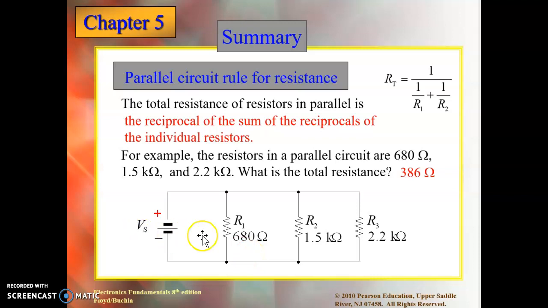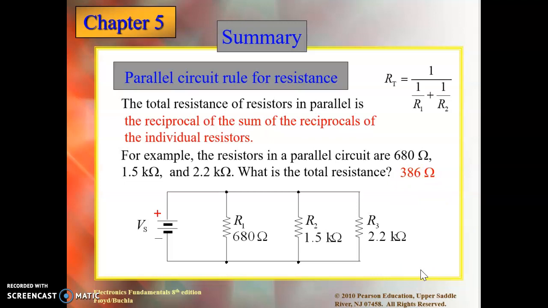So how do we find the total? We will say 1 over (1 over 680 plus 1 over 1500 ohms plus 1 over 2200 ohms). We'll do the math and we'll get 386. That is a key point that we have to remember.